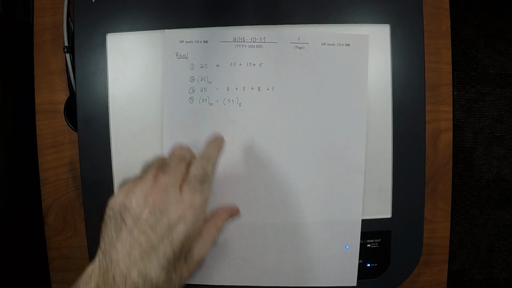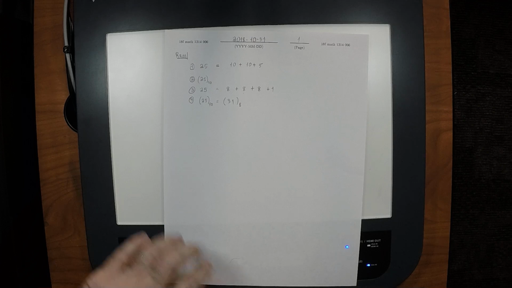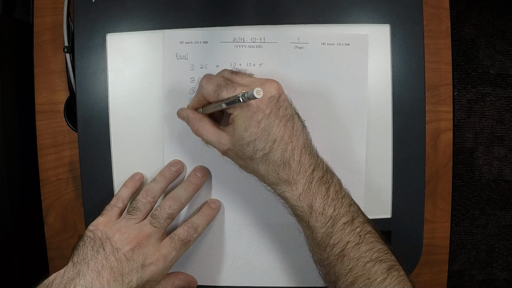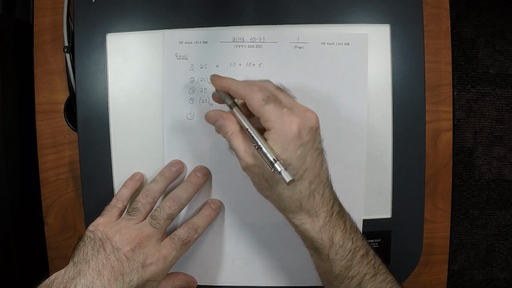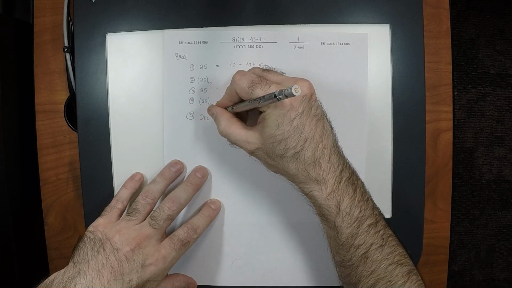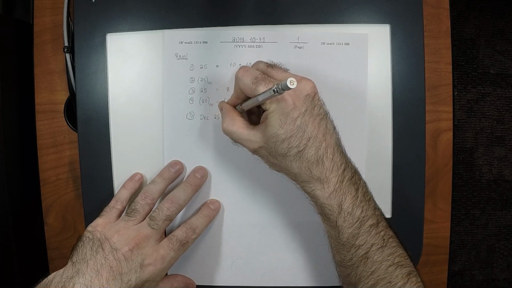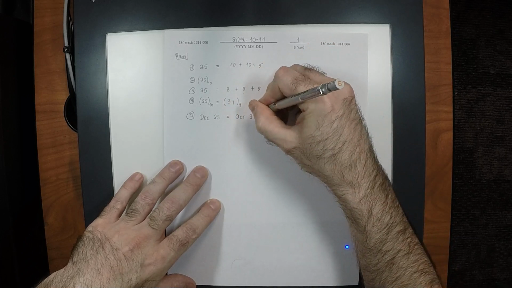So now base 10 is called decimal, because deci is the prefix that means 10, and then base 8 is called octal, because oct means 8. So in some circumstances, instead of writing 25 and then subscript 10, sometimes you write a dec like that for decimal. Dec 25 would be the same as octal 31.